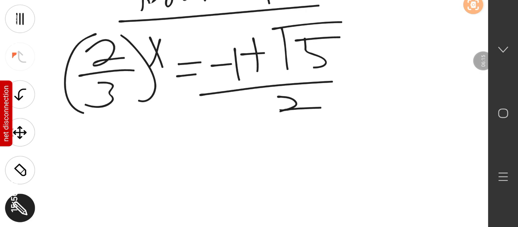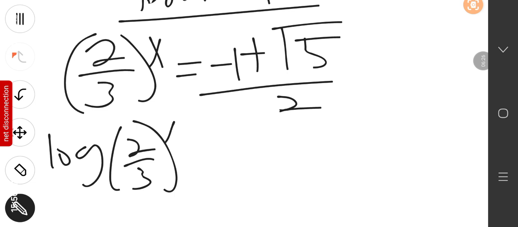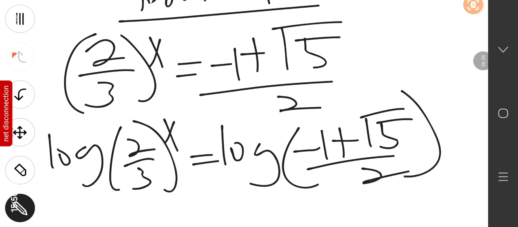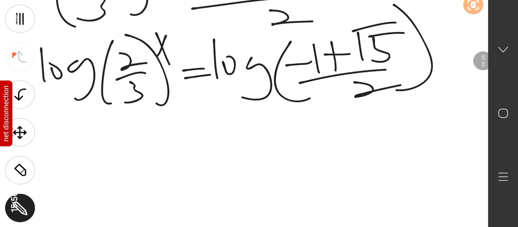All right, so this is what we have now. Now let's apply logarithms. Okay, so we are going to apply logarithm here. So we say log of 2 over 3 exponent x equals log, okay, minus 1 plus the square root of 5 all over 2.